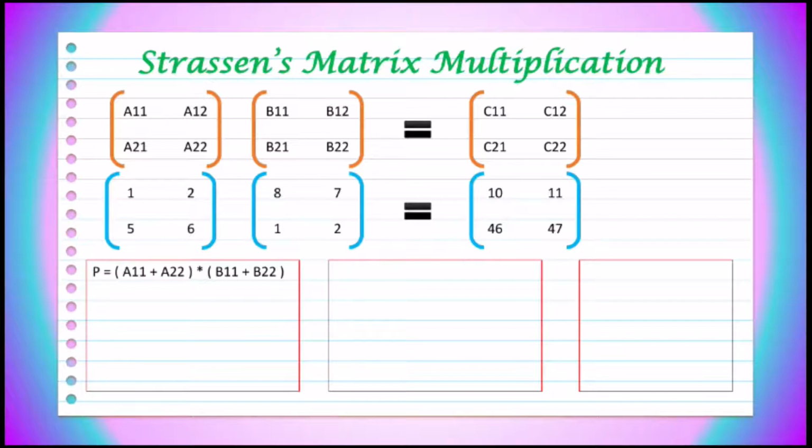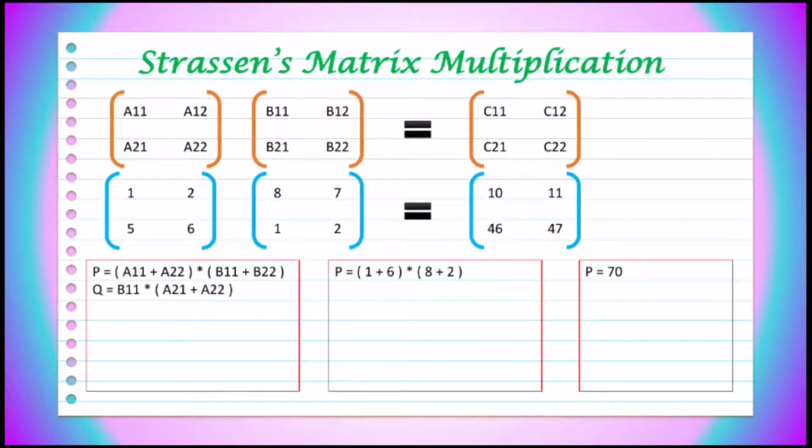So first we will solve the brackets and then these two values will be multiplied. So 1 plus 6, that is 7 and 2 plus 8, that is 10. So 7 into 10, that is 70. So the P value will be what? 70.